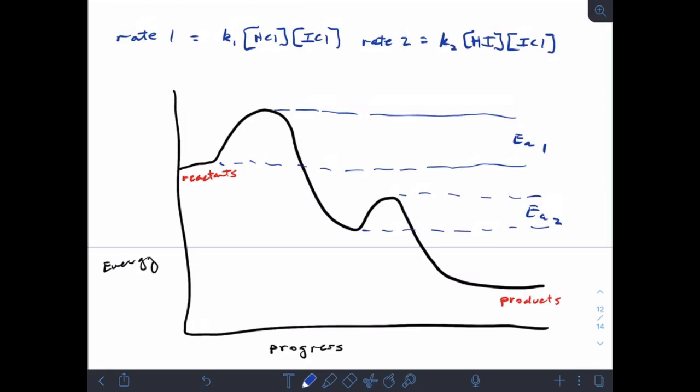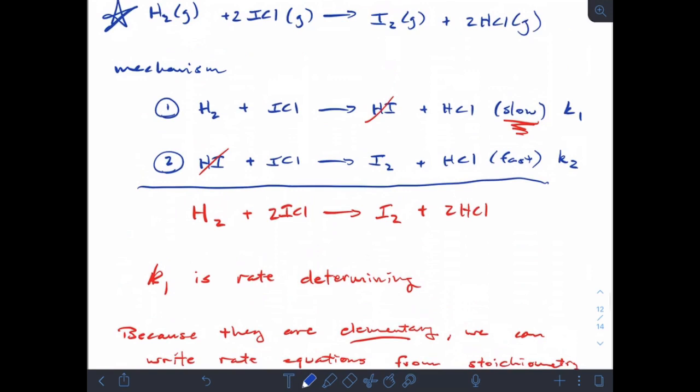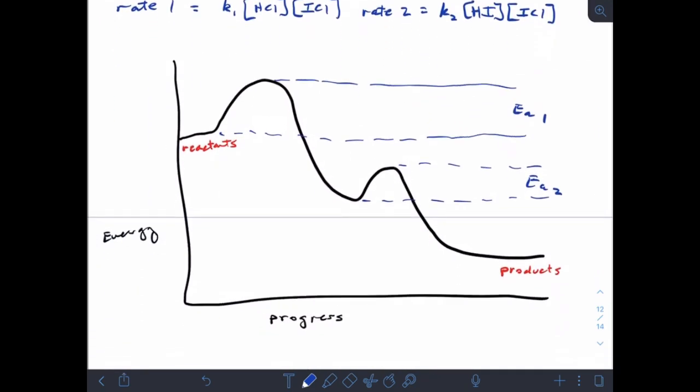Notice that the way I've drawn this, and it was sort of serendipitous that I did so, the activation energy for reaction 1 is larger than that of reaction 2. And taking a look at our reaction mechanism, our slow step is reaction 1. So this is how this is going to play out. Your slow step will almost always have a larger activation energy. That's why it is a slower reaction.